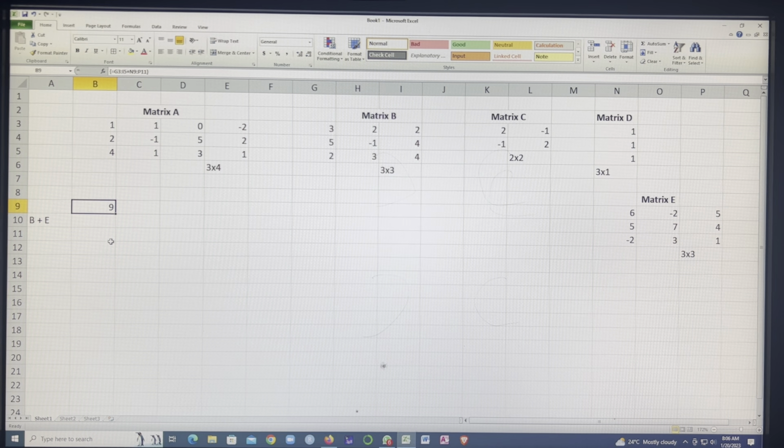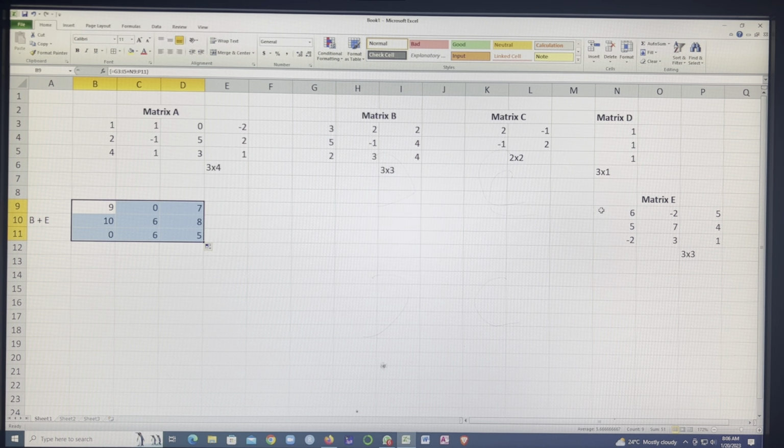But since I did not do that, there's still no problem. I just bring my cursor right down here like this. When it turns to a plus, then I drag. It will give me the values for the next row. Then I continue dragging downward. It gives me the values for the remaining two rows.